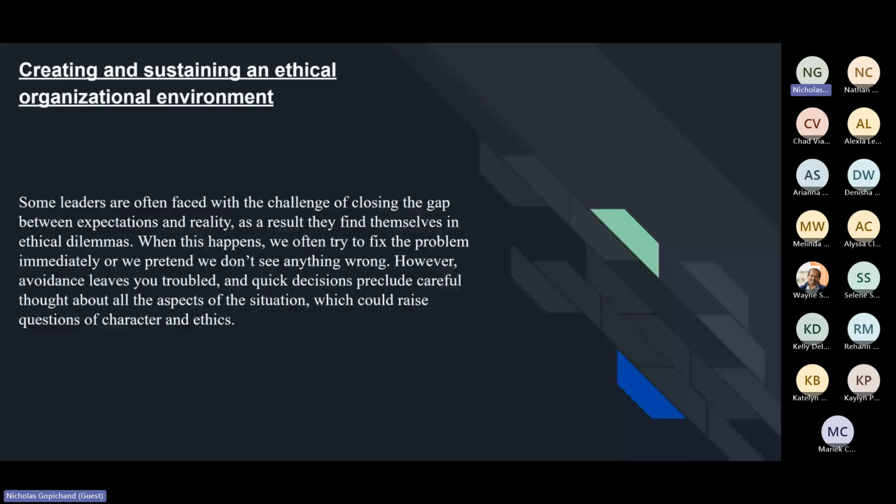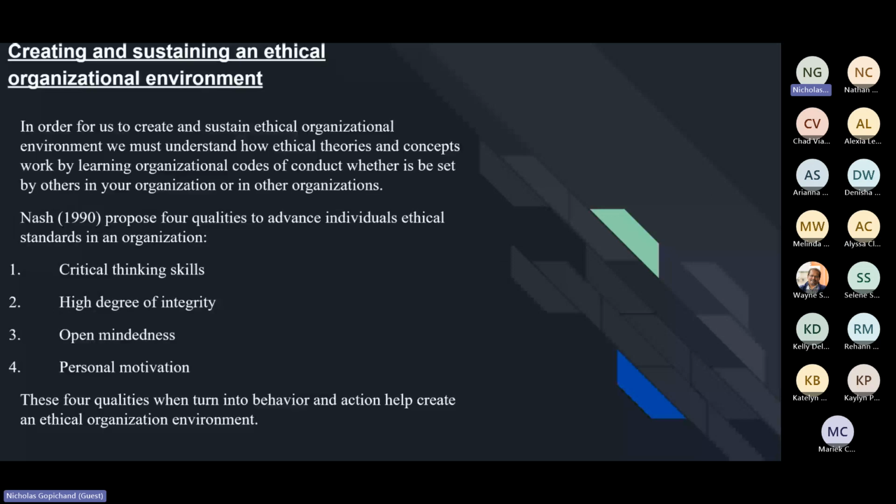Right. So on to us to create and sustain an ethical organizational environment. We must first understand how ethical theories and concepts work by learning organizational codes of conduct, whether set by you or in other organizations.